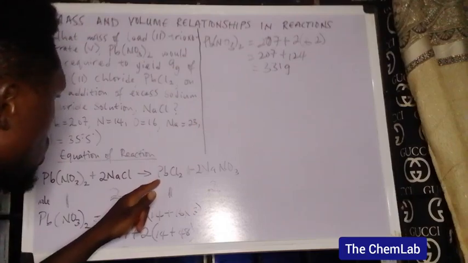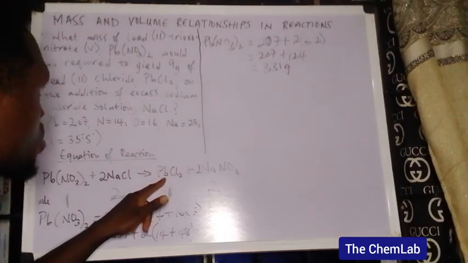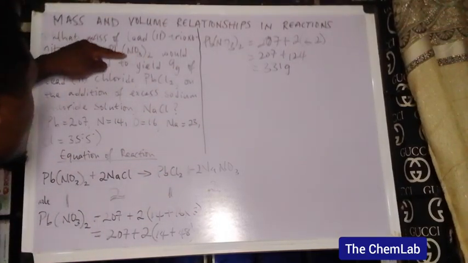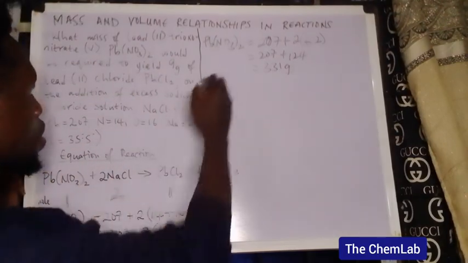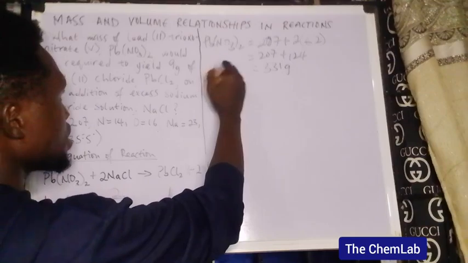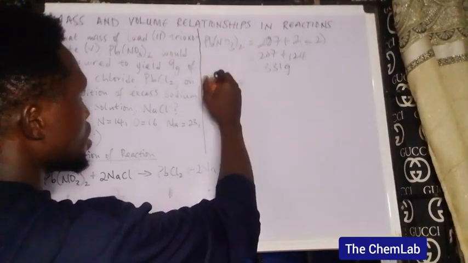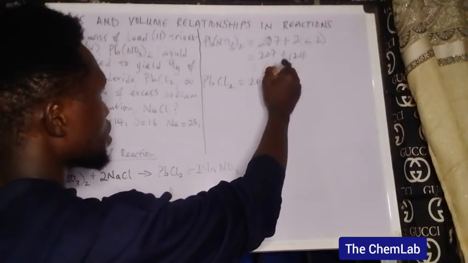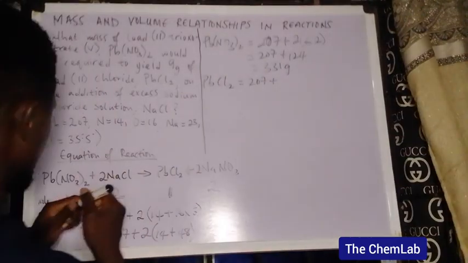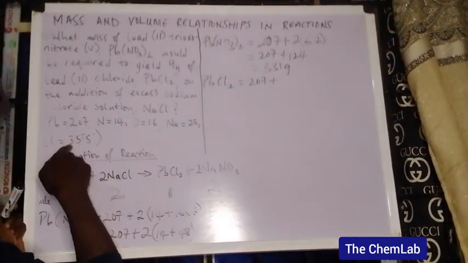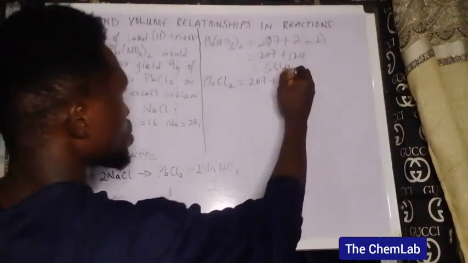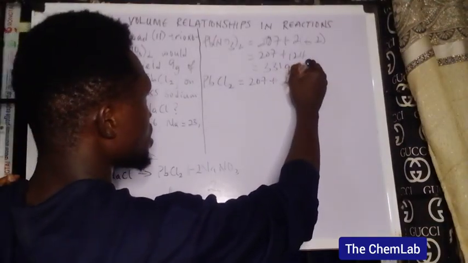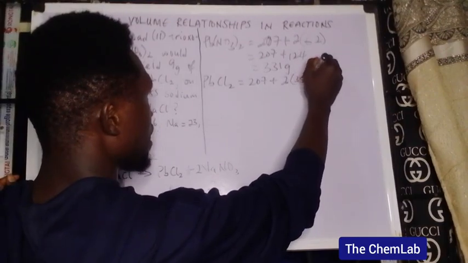Then let's go on to look for the molar mass of PbCl2. Remember, our focus is on this and this. So PbCl2: lead is 207 plus chlorine 35.5, and we have 2 here, so it's 2 times 35.5.